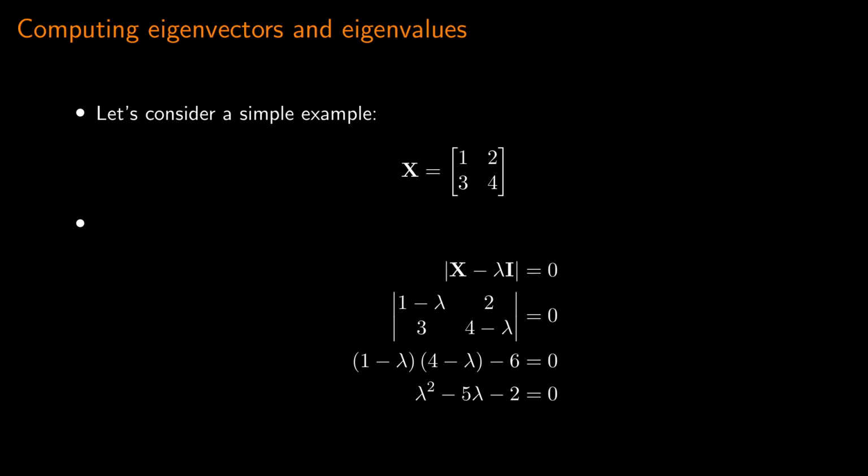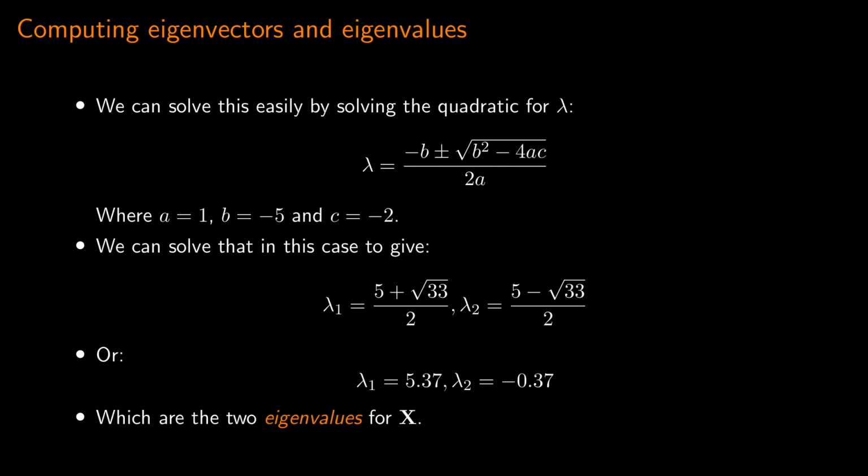And with a very simple bit of rearranging, a bit of algebra, we can rearrange that to lambda squared minus 5 lambda minus 2 equals 0. And we can easily recognize that that is a standard quadratic equation. And therefore we can approach solving that really easily, simply using lambda is equal to minus b plus or minus the square root of b squared minus 4ac, over 2a, where in this case a is going to be 1, b is minus 5, and c is minus 2.